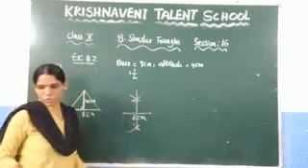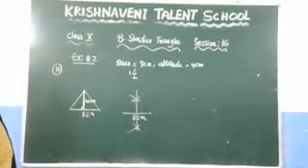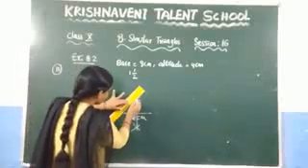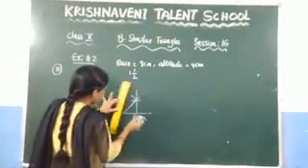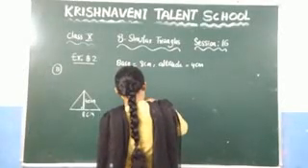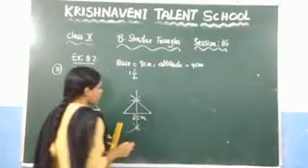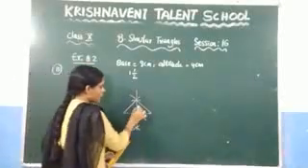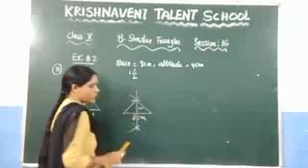Now you can join those two. So you will get an isosceles triangle whose base is 8 centimeters and height is 4 centimeters.